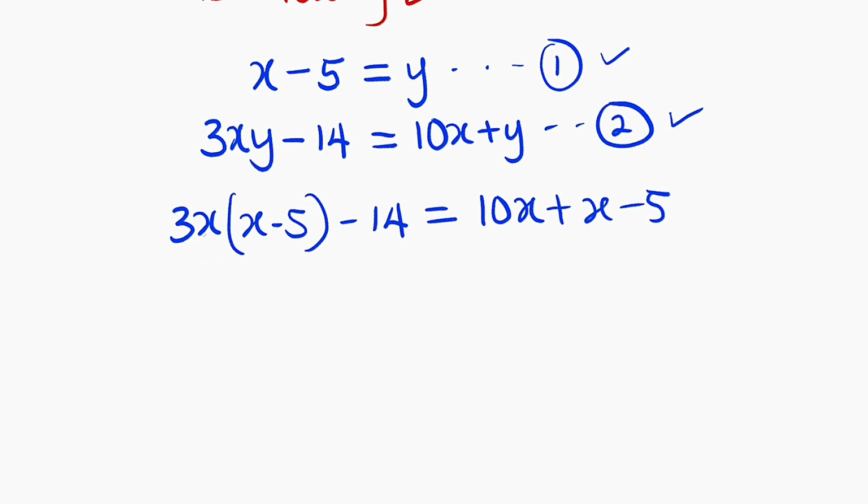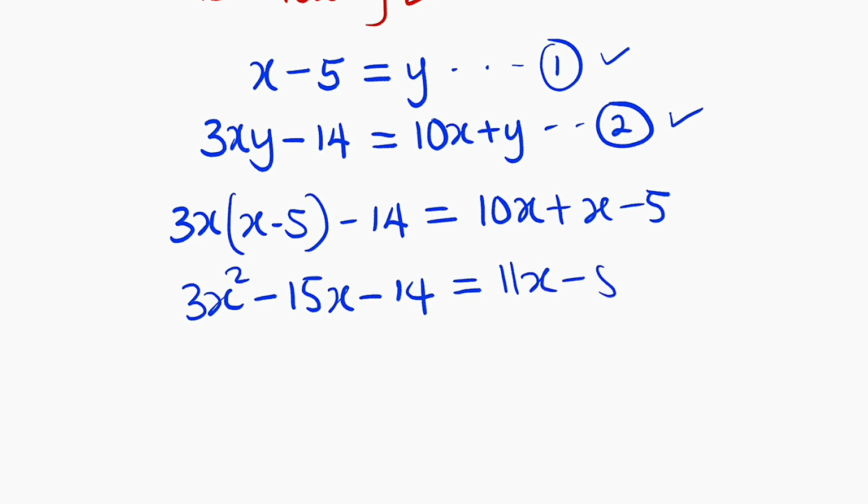To the left-hand side, we have 3x multiplied by x is 3x squared, minus 3x multiplied by 5 is 15x, minus 14. And to the right-hand side, we have 10x plus x is 11x, then minus 5.